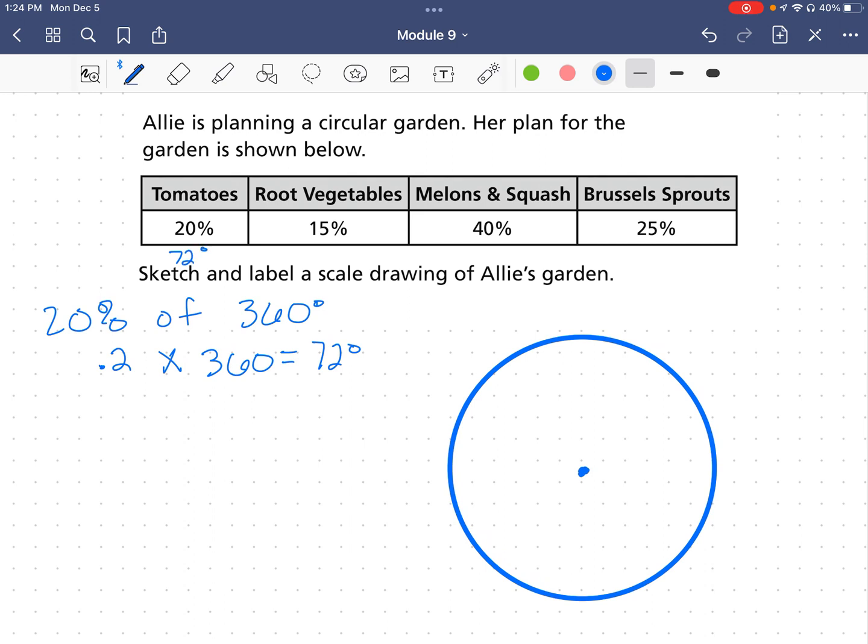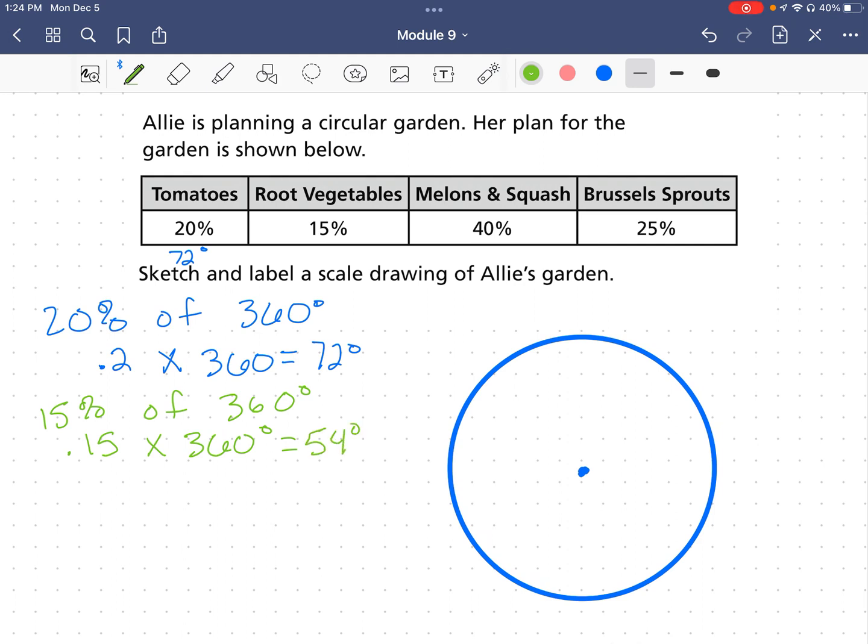And then we're going to do the same thing for root vegetables, melons, and squash, as well as Brussels sprouts. So we'll have 15% of the total, so of that 360, so 0.15 times 360. Again, pause your video, play it when you have that multiplied.